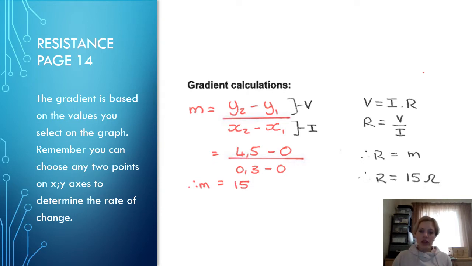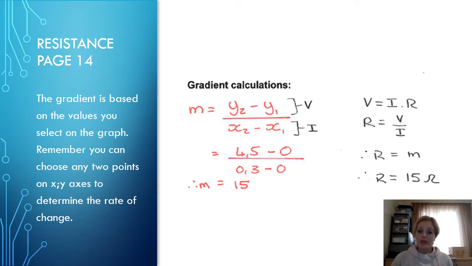What this is showing you here is that that rate of change, or that slope, is going to be your resistance. So voltage divided by current, so Y divided by X, is going to lead to what? Your resistance, or your M, which is 15 ohms.